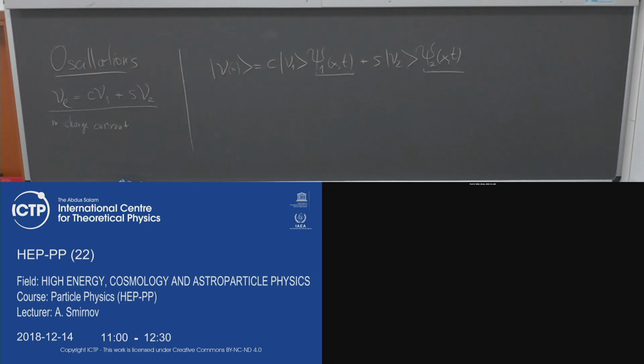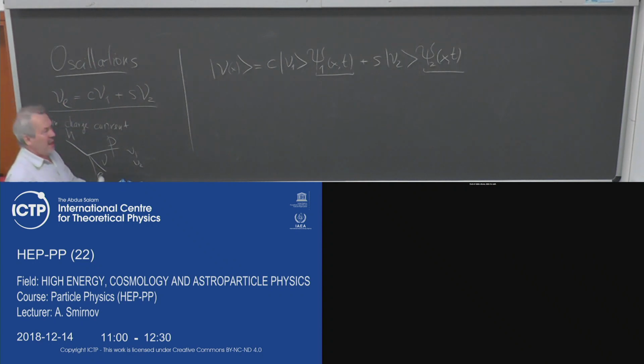Again, you consider a process like, for instance, beta decay, and you need to compute the amplitude of probability of production of nu1 and the amplitude of probability of production of nu2 separately, using this expression which stays in the current together with the electron.